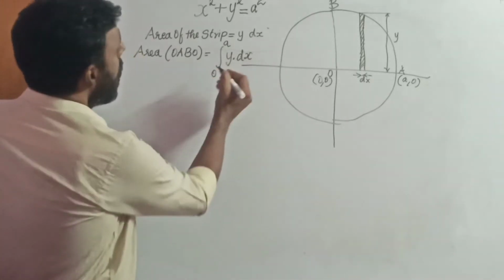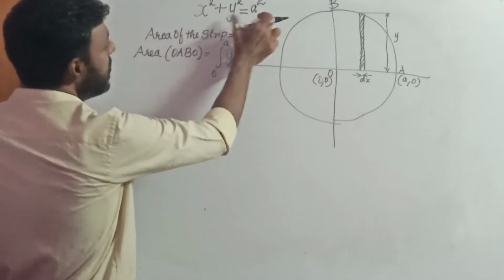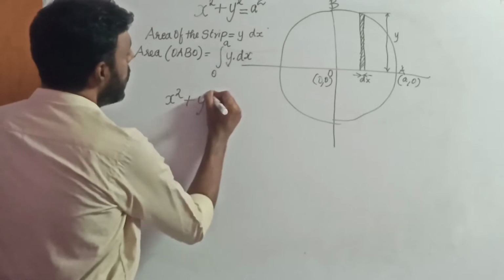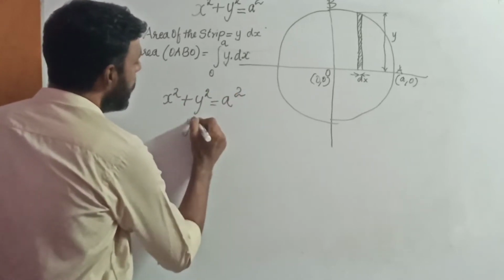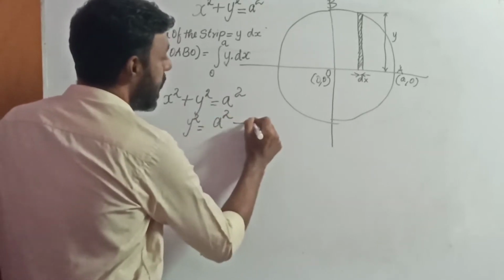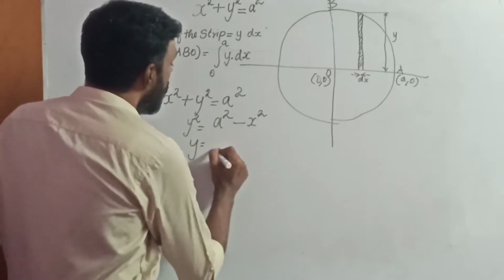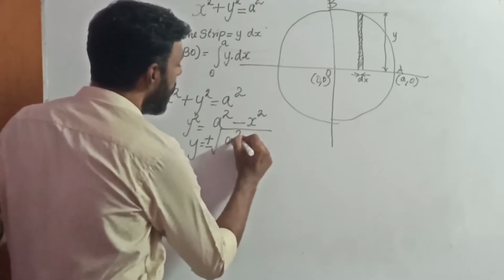Right? So what is y? What is the value of y? See, we know the circle equation as x squared plus y squared equal to a squared. So what will be y? y squared is equal to a squared minus x squared, and y will be plus or minus root of a squared minus x squared.